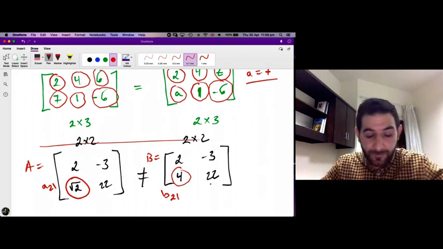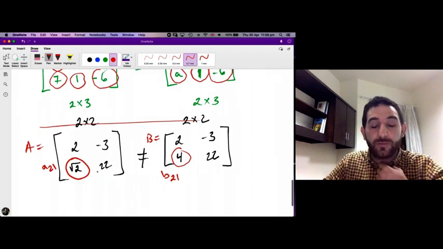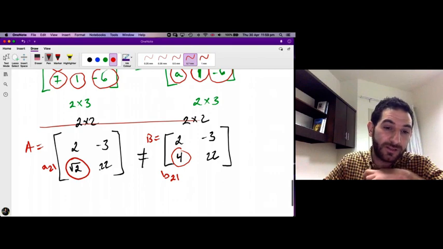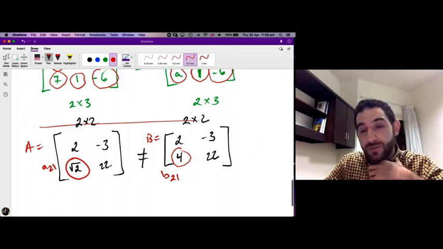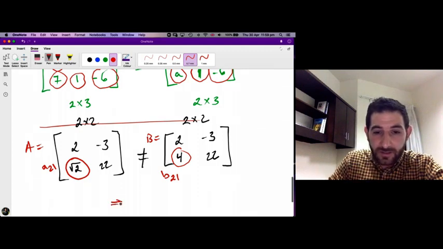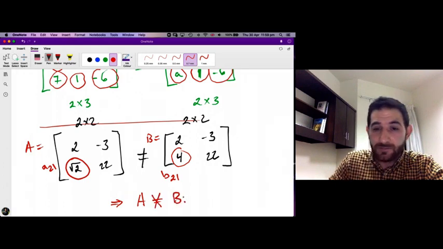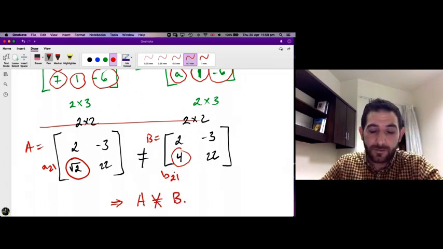So since we found one entry in A which is not equal to the corresponding entry in B, then the whole matrix A is not equal to the matrix B in this example. Okay?